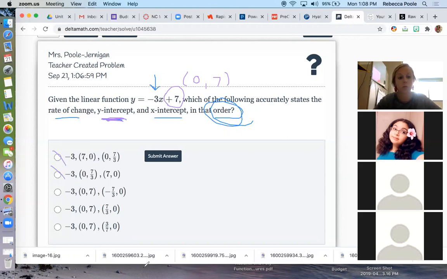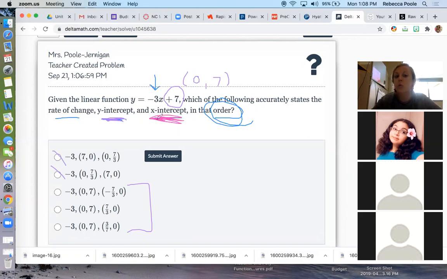Can't be those. So we've already narrowed it down almost halfway, right? Okay, the last part, this is the part that's gonna need some work.